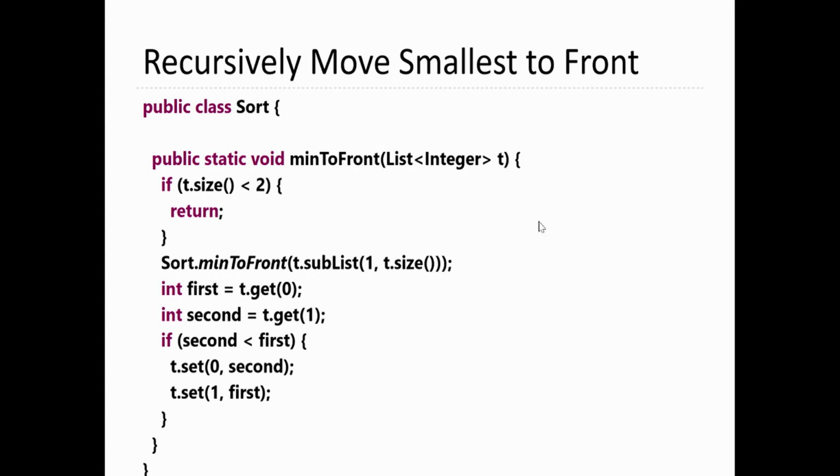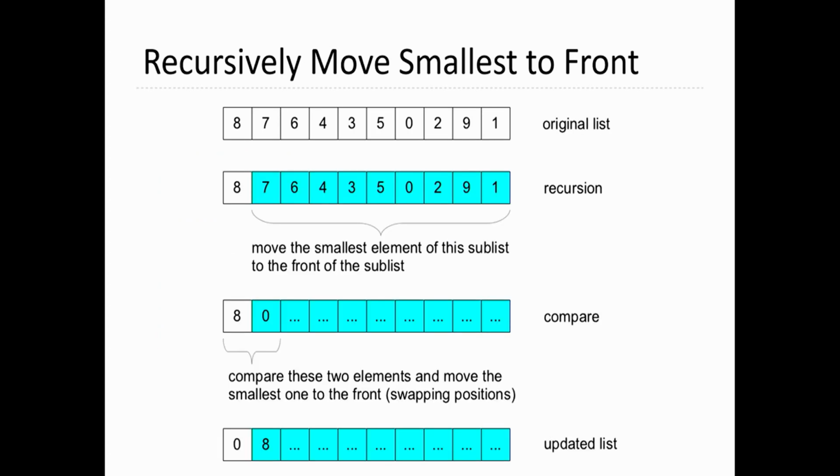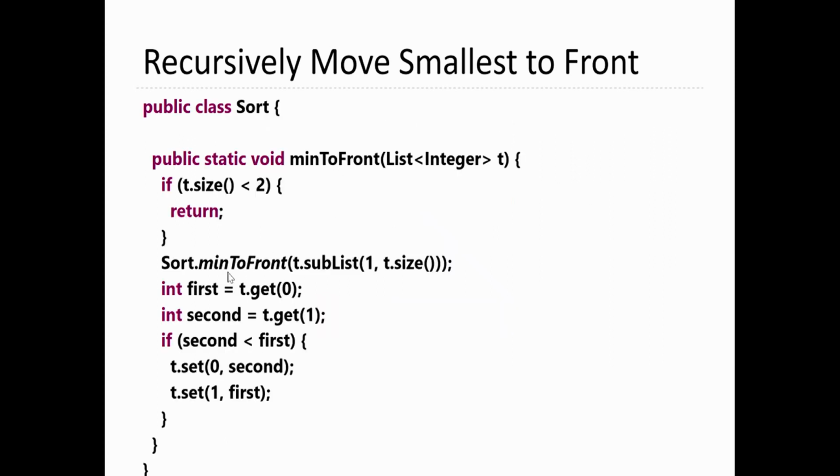So I just get the sublist, not including the first element, and pass that to min to front. Min to front does some magic, moves the smallest element in the sublist to the front of that list. In other words, that entire step you just replace with one call to the recursive method.